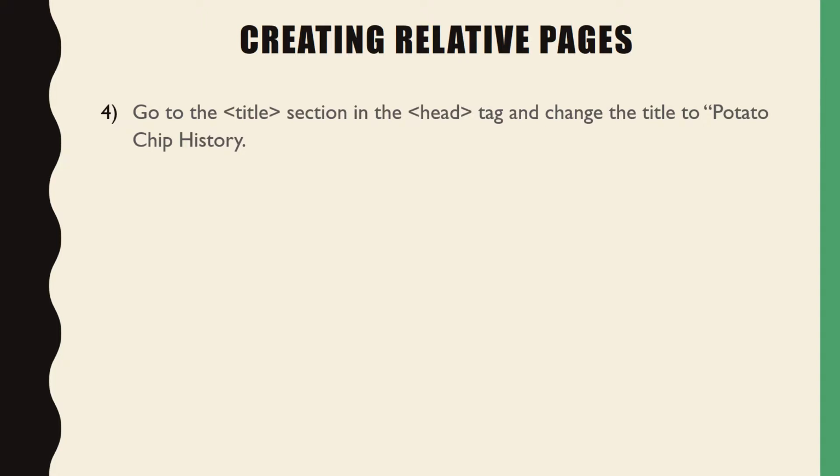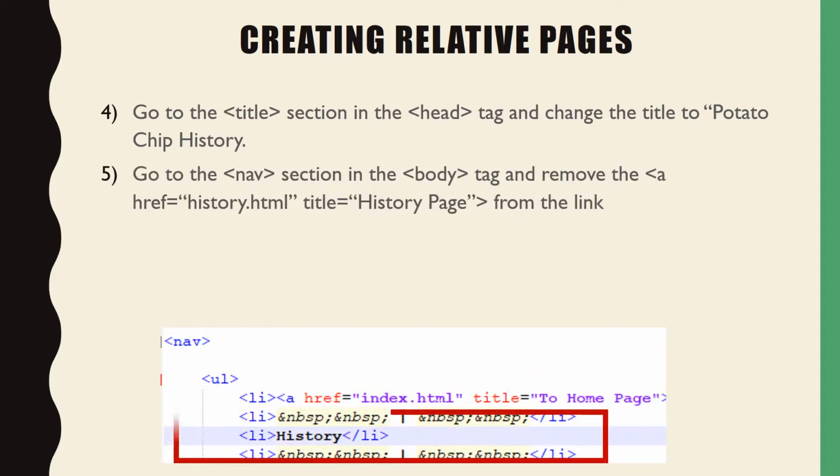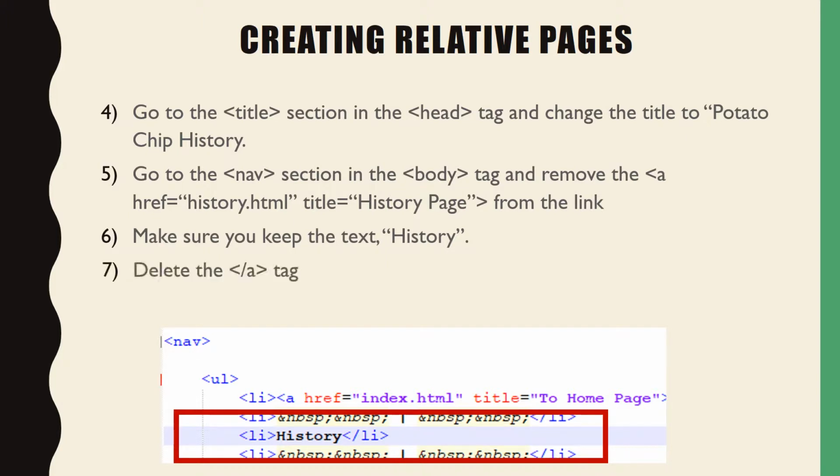Go to the title section in the head tag and change the title to Potato Chip History. Go to the nav section in the body tag and remove the anchor, the href equals history.html, and the title from the link. Make sure you keep the text history. Delete the anchor tag. Resave the document.